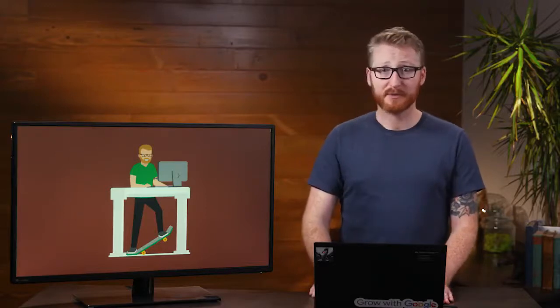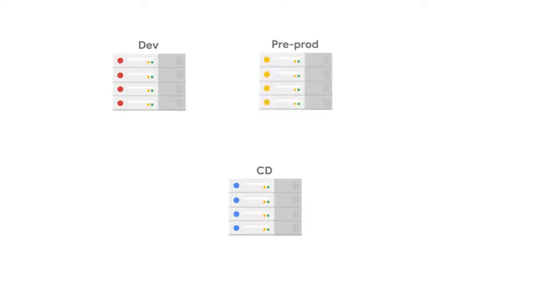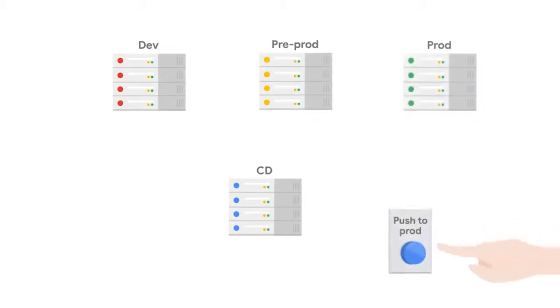If the service is complex and there are a bunch of different developers making changes to it, you might set up additional environments where the developers can test their changes in different stages before releasing them. For example, you might have your CD system push all new changes to a development or dev environment. Then have a separate environment called pre-prod, which only gets specific changes after approval. And only after thorough testing, these changes get pushed to prod.